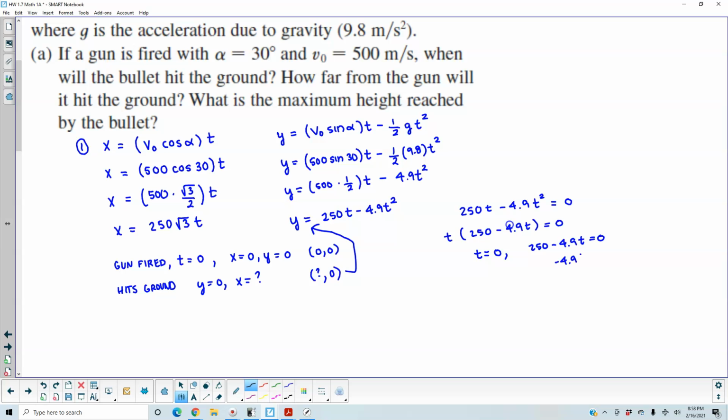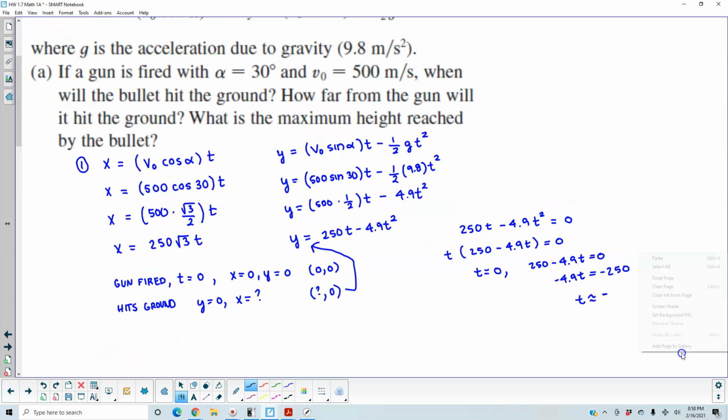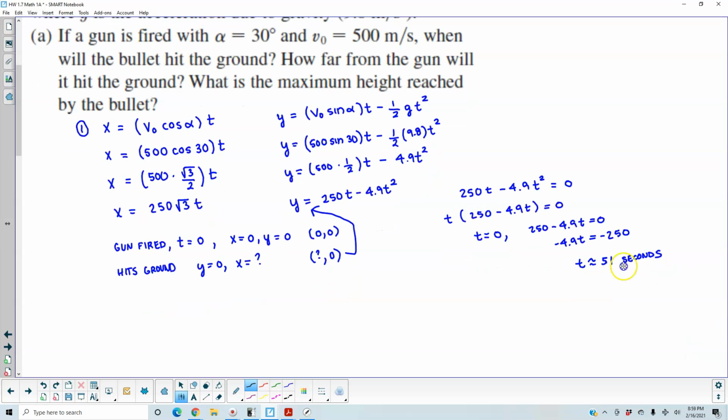Subtract 250 from both sides, and then divide by 4.9. And so we get approximately 51 seconds.